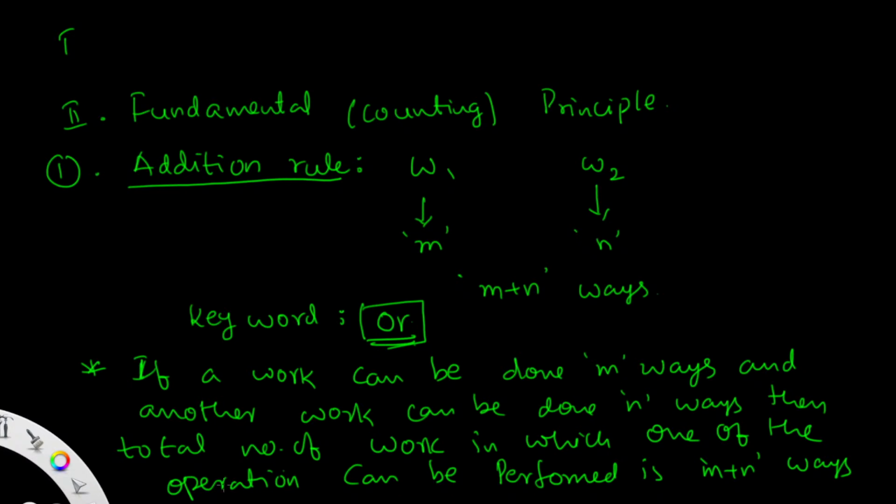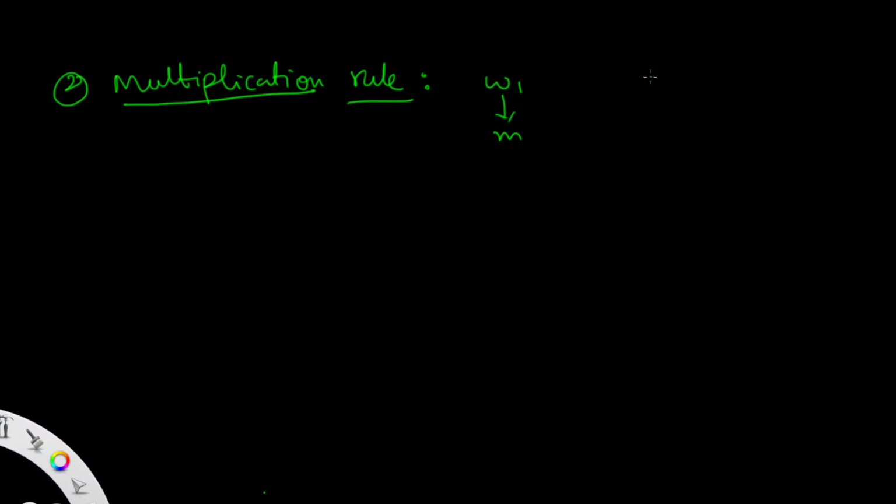Similarly, the second rule is the multiplication rule. You have learned all of this; I am just revising it once again. It is a similar property, but here the work depends on both operations. If one work can be done in M ways and another in N ways, then both operations can be done in M into N ways.